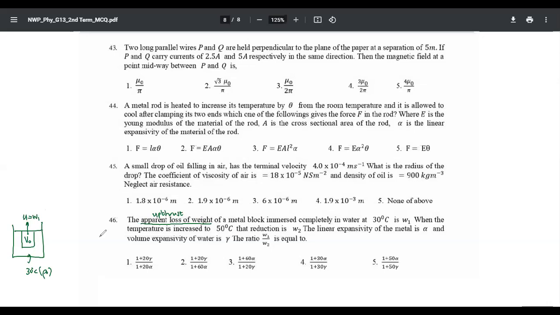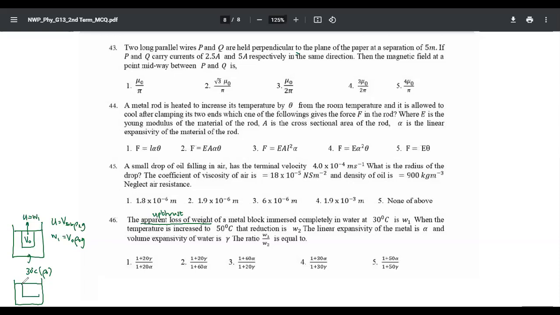Apparent weight loss is upthrust, and the equation for upthrust is submerged volume into density of the liquid into g. So W1 is equal to V naught, the total volume submerged, completely immersed, into the initial density of the liquid, rho naught, into g. And then they are immersing it at 50 degrees Celsius.